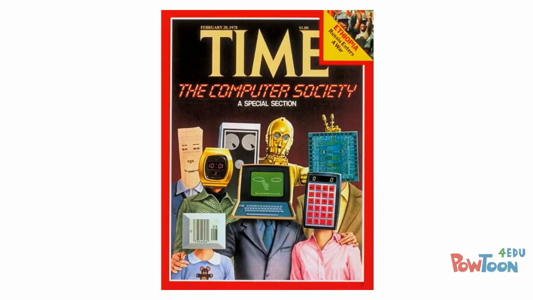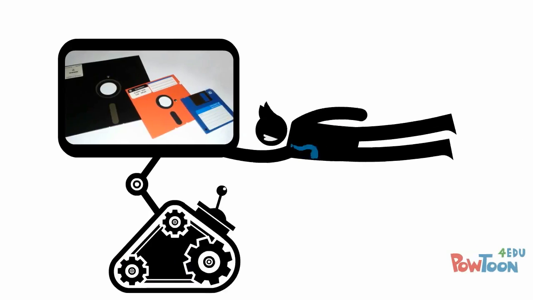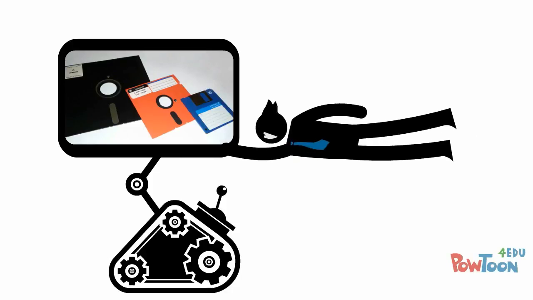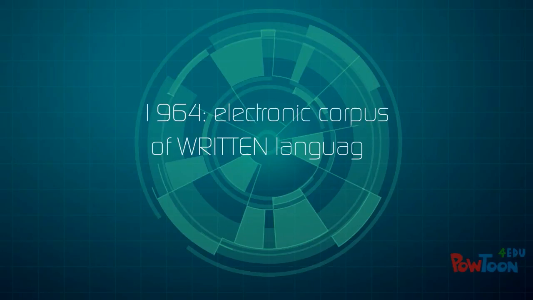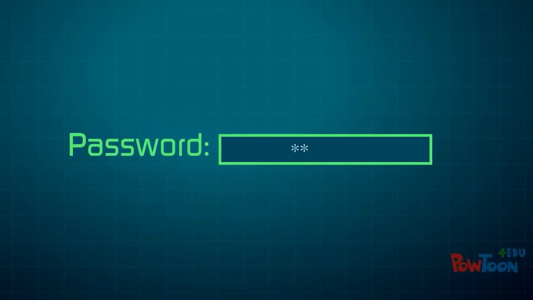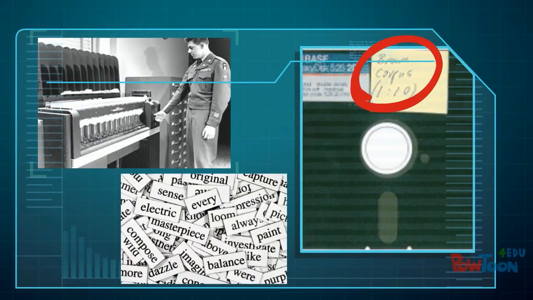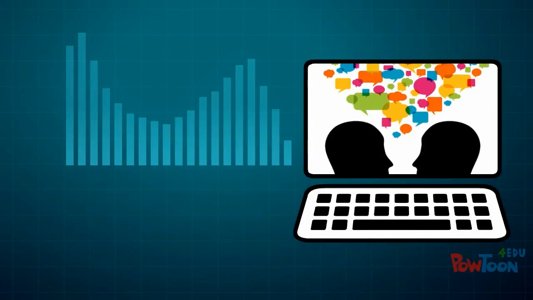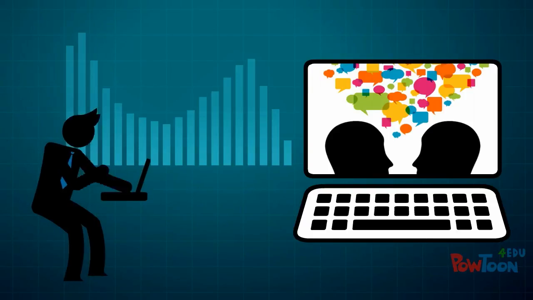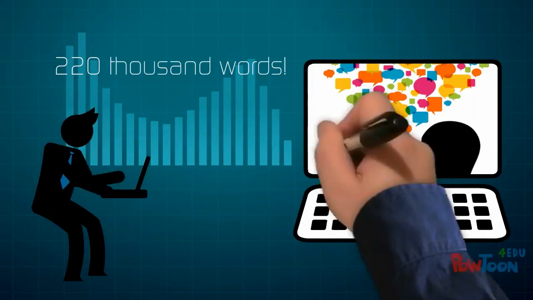More complex NLP tools became available, and storage capacity was growing at a fast pace. 1964 marks the year the first electronic corpus of written language was launched. The Brown University Standard Corpus of Present-Day American English contained 1 million words. Around the same time, in England, Sinclair started compiling the first electronic corpus of spoken language containing 220,000 words.